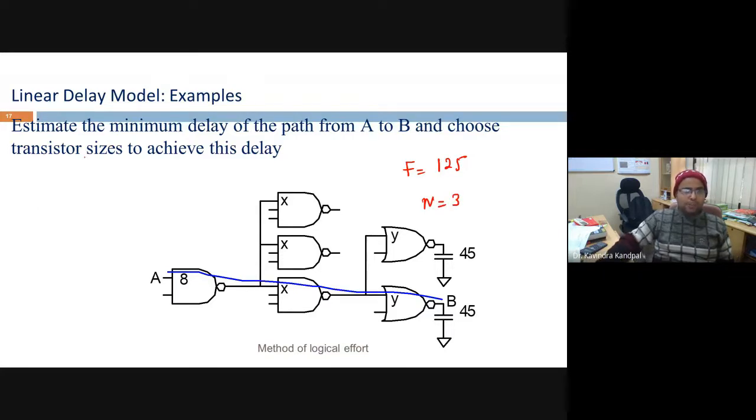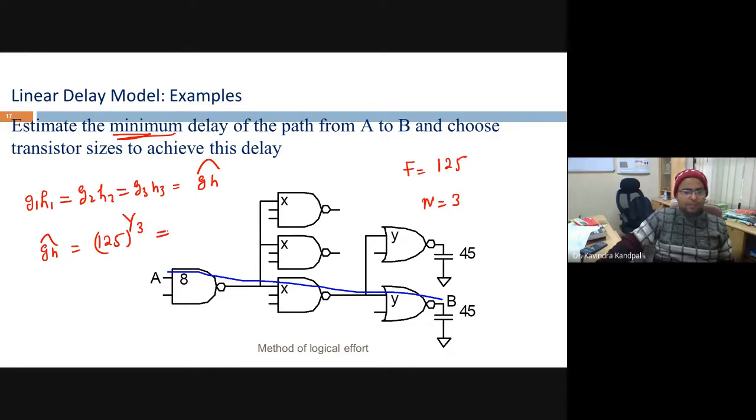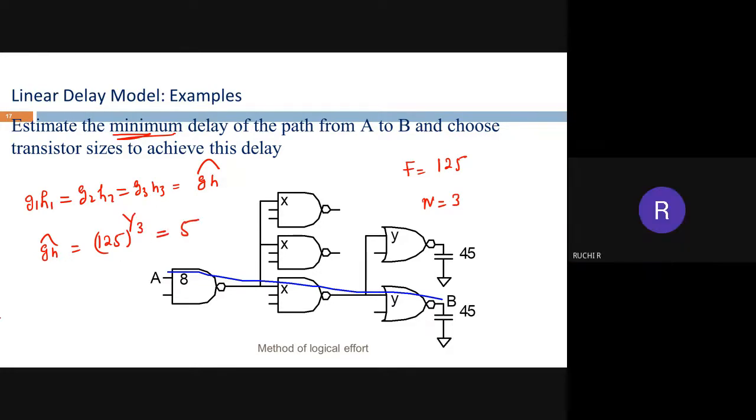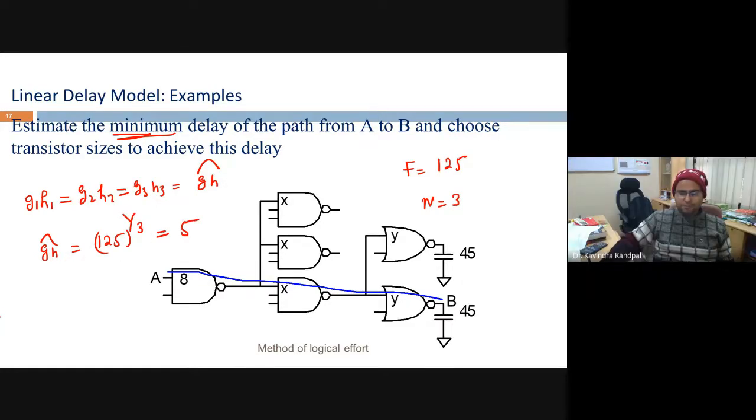In order to get the minimum delay, the condition says G1 H1 should be equal to G2 H2, should be equal to G3 H3, should be equal to the optimal value, that is GH cap. And this GH cap is F to the power 1 by N, 125 to the power 1 by 3. That is how much? 5.